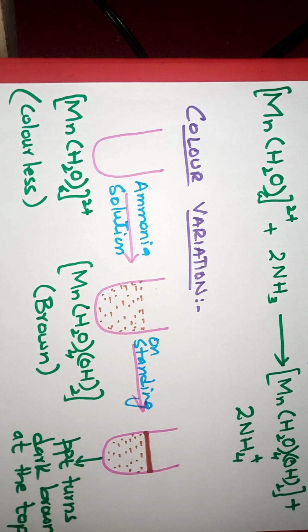And you have learned that both of the reactions are actually the same. The product is the same, the color variation is the same. So both of the reactions of hexa-aqua manganese 2 ions, either with base or ammonia, are actually the same.